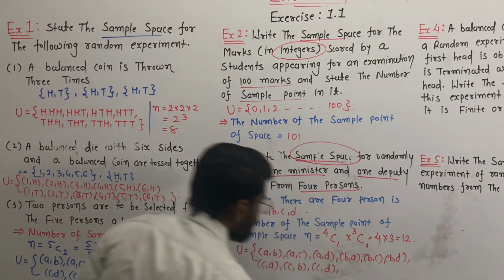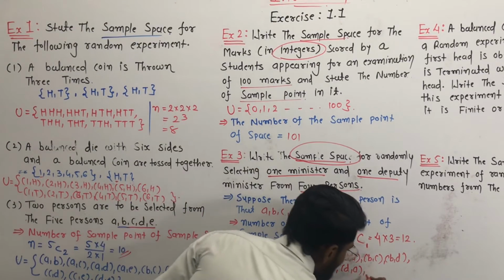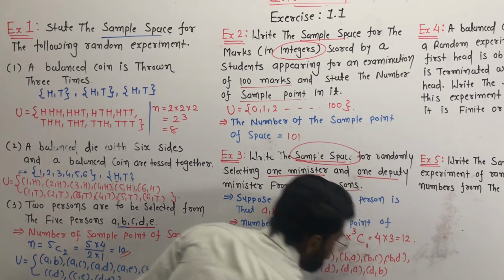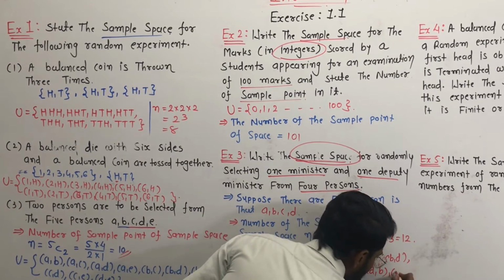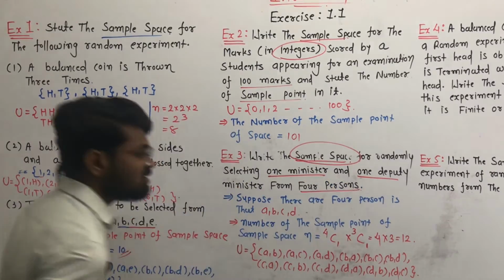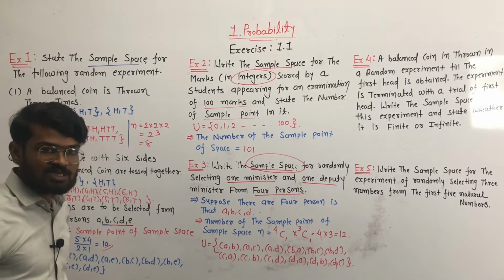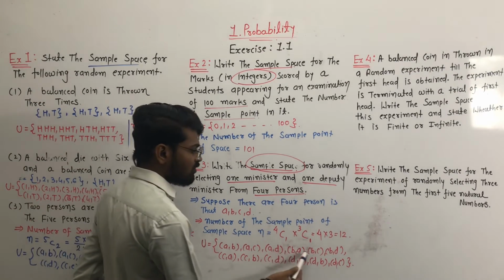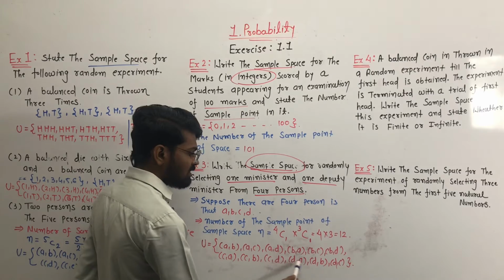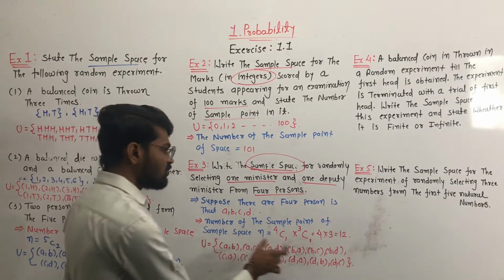Now come to D: D is the minister, then A, B or C is the deputy minister. So this is our sample space. Here we can count the sample points: 1, 2, 3, 4, 5, 6, 7, 8, 9, 10, 11 and 12. So the number of sample points is equal to 12.